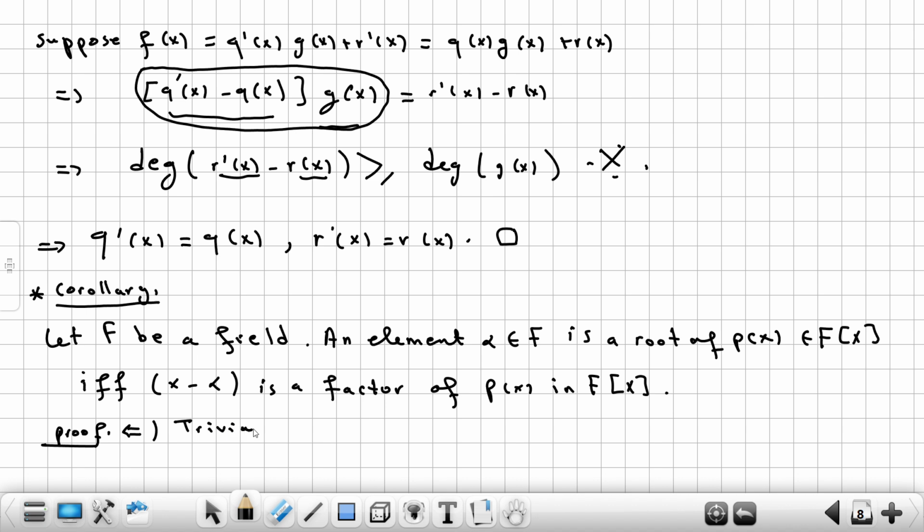The second direction is trivial. For the first direction, we will use the previous theorem. P of x can be written as x minus alpha times q of x plus r of x.